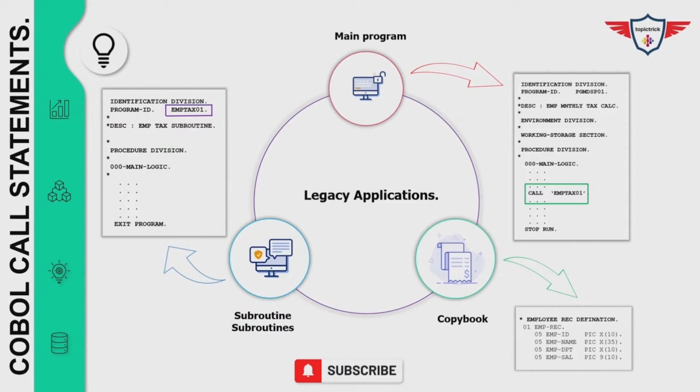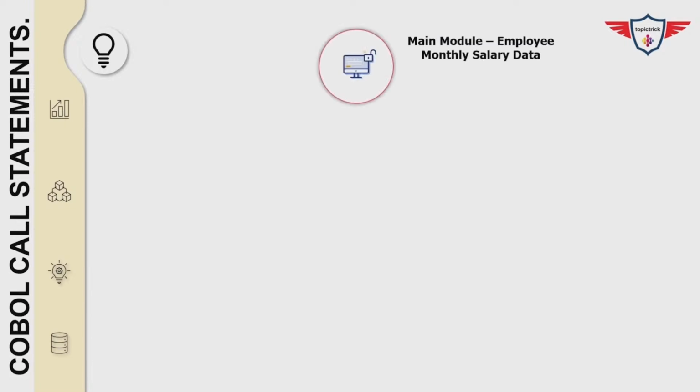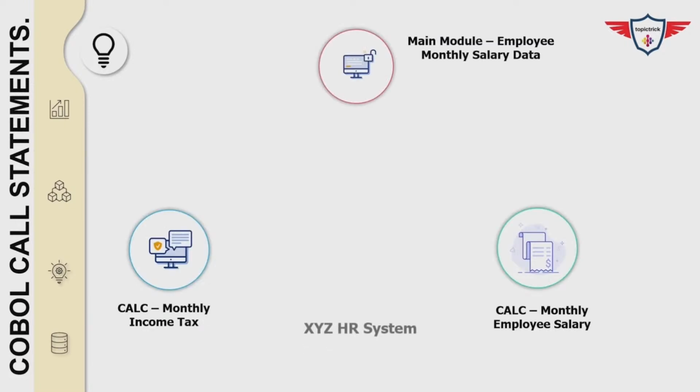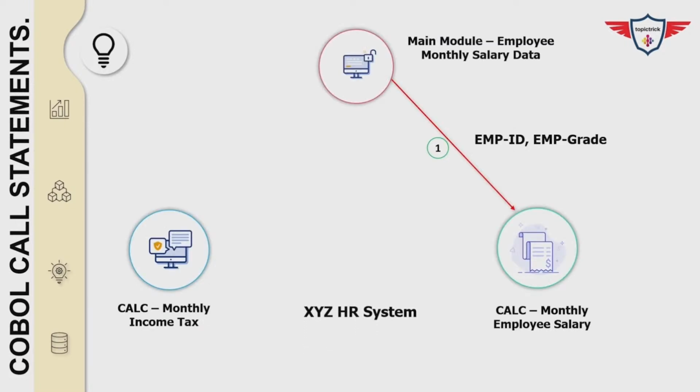Now let's look at a simple example so that you can understand how a business functionality is split between a main program and a subprogram. In this example, you have a main program which is calculating the salary of an employee for a specific month. The main program calls two subprograms to calculate the salary and tax for a specific month.